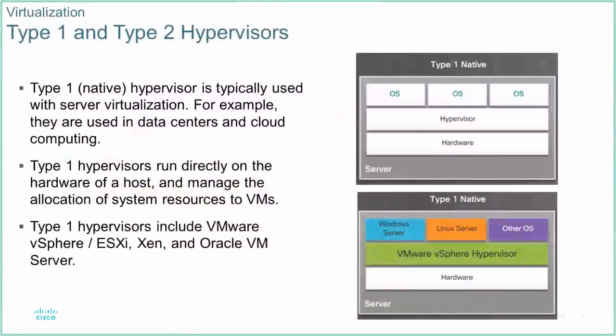So our types of hypervisors: type 1 is our native, which is used for server virtualization in data centers and cloud computing, and runs directly on the hardware of the host. Whereas type 2 basically runs on the host machine.